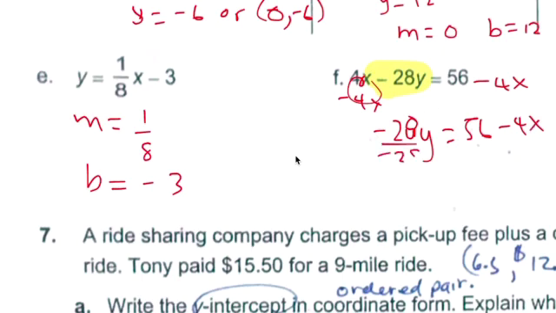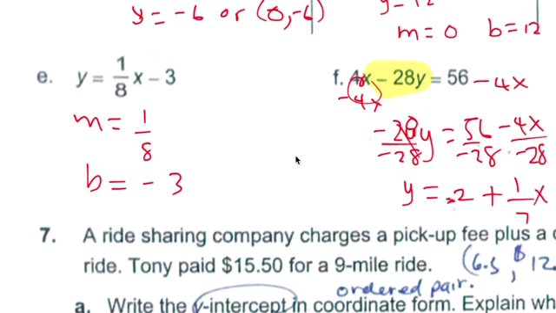Divide by negative 28. y equals negative 2 plus 1/7 x. So your slope is 1/7. Your y-intercept is negative 2.